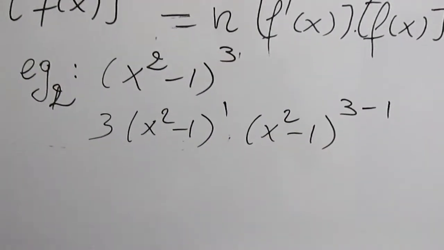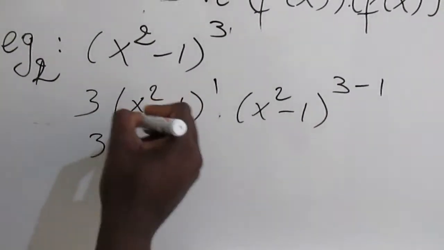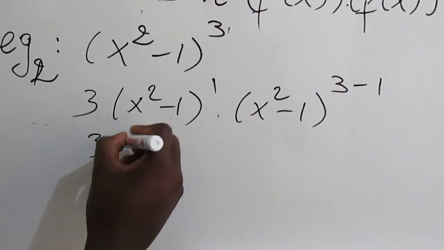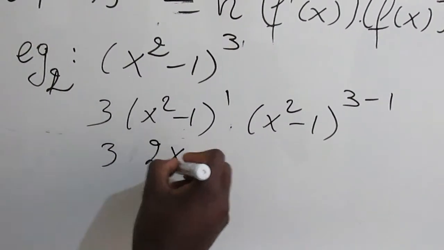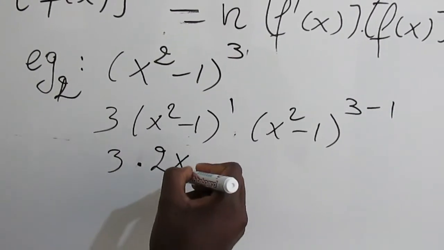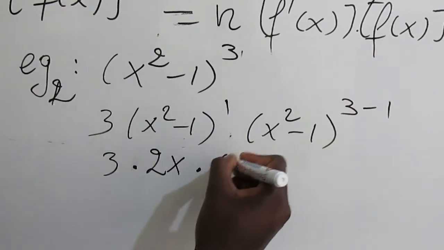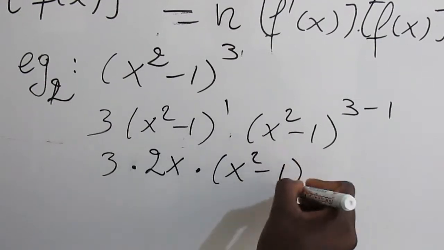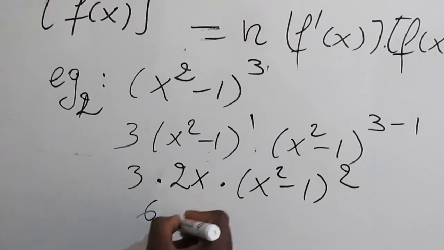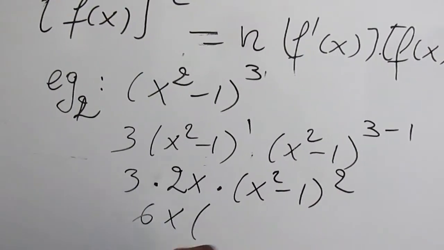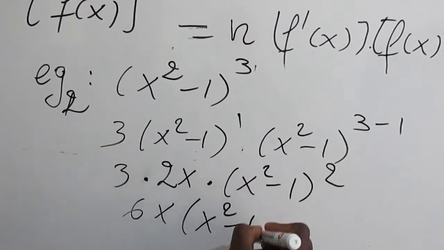Here you have to derive this function. It's going to give you 2x. So 3 times 2x times x squared minus 1 to the power 2, since 3 minus 1 is 2. Then finally your answer will be 6x times x squared minus 1 to the power 2.